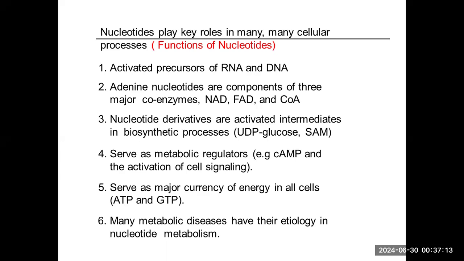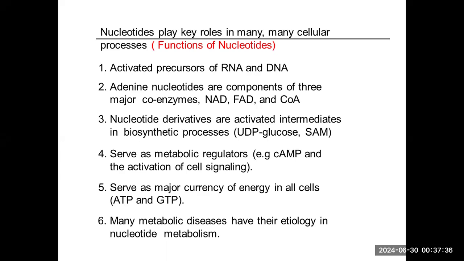In the glycolytic pathway, the glucose is phosphorylated, converted into glucose 6-phosphate by hexokinase enzyme, and glucose 6-phosphate then goes to the glycolytic pathway.